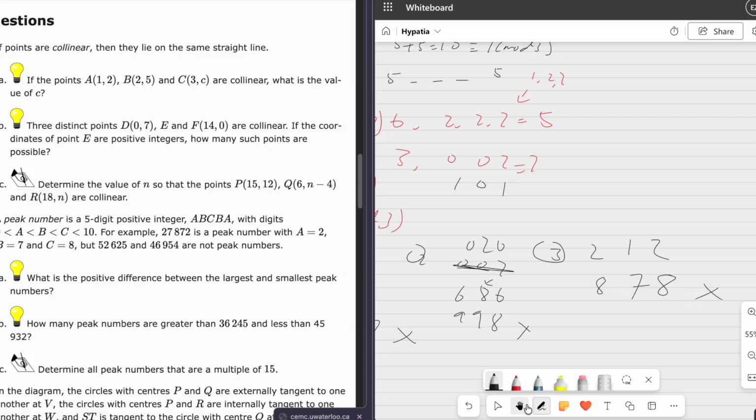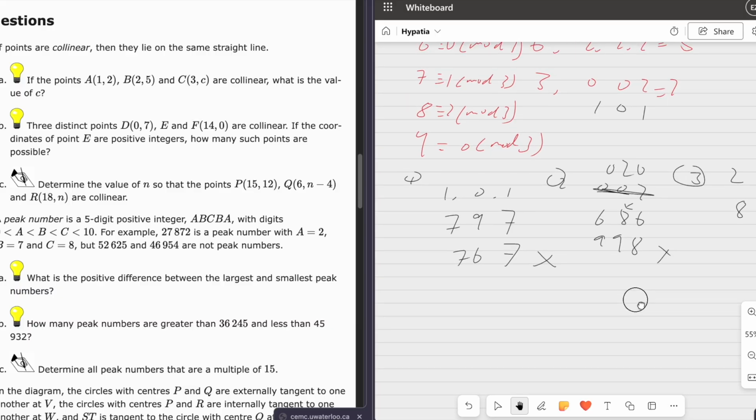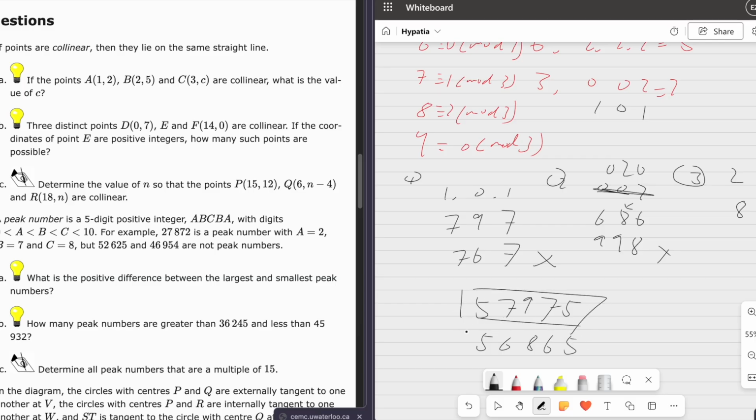So in this question, the only 2 possible numbers are 5 7 9 7 5 and 5 6 8 6 5. This is the only two possible answers for question 2 part C. Okay, that's it.